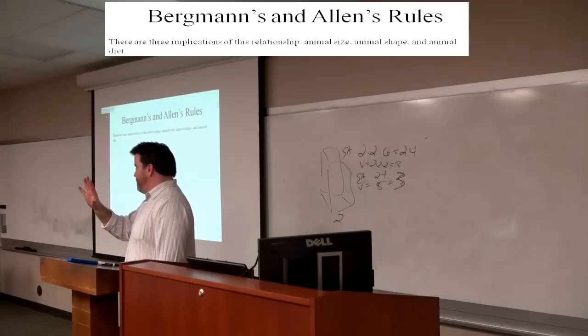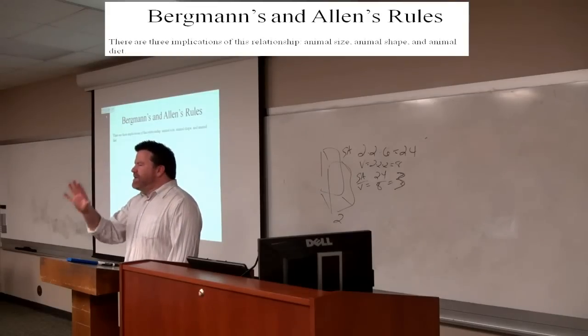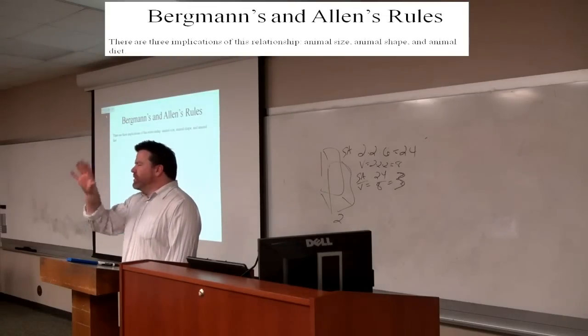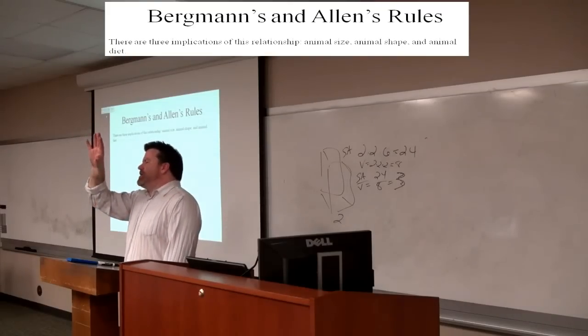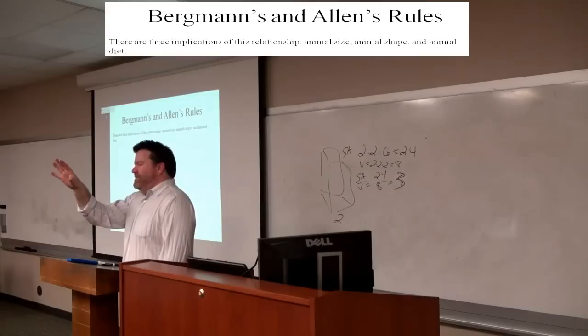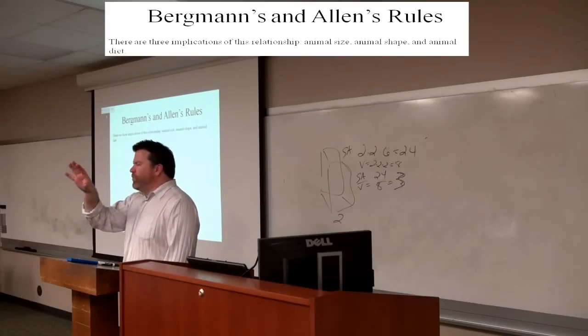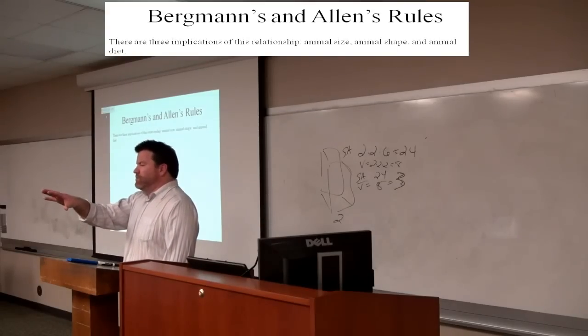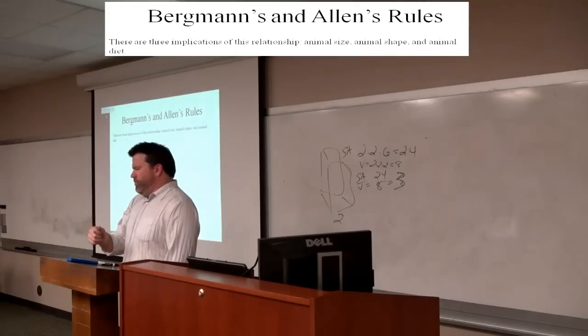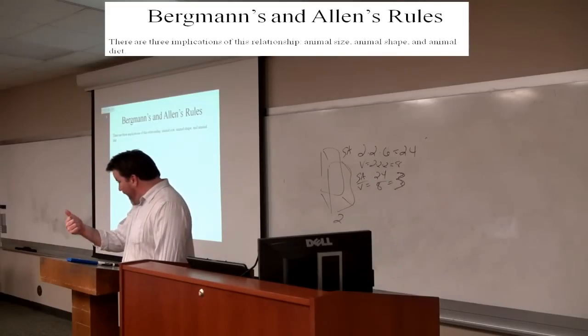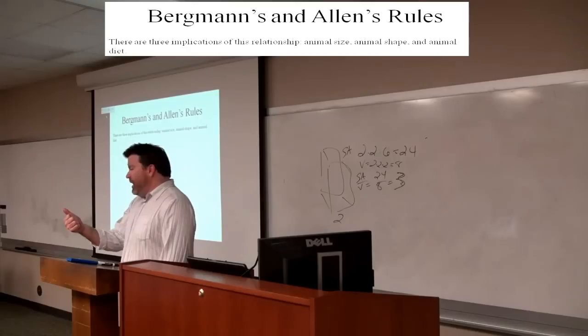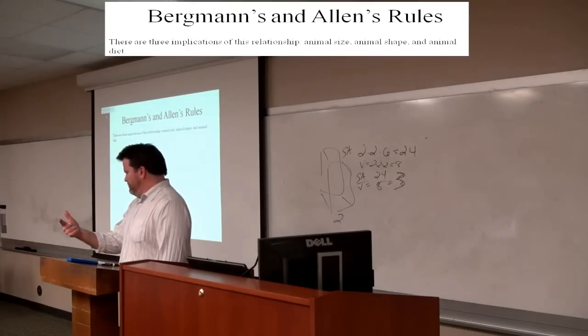So let's just pause here for a second. A simple mechanistic relationship between volume and surface area is going to allow me to predict in mammals the probable shape of that animal and what it eats.